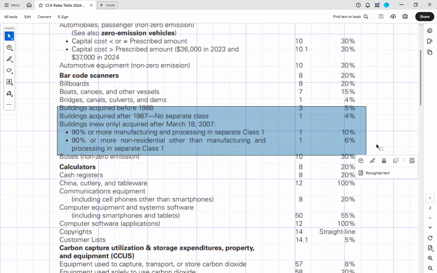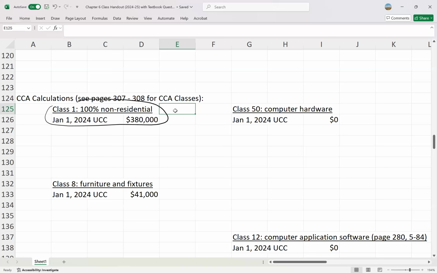It's not for manufacturing and processing, because remember, this individual carries on an accounting business, so they're not making anything. But because it is non-residential, used as his office, he will get a 6% CCA rate instead of the 4%. So I want to explain that and bring us back to the Excel document. For this class 1, I'll put the CCA rate here of 6%, so we know where that comes from.